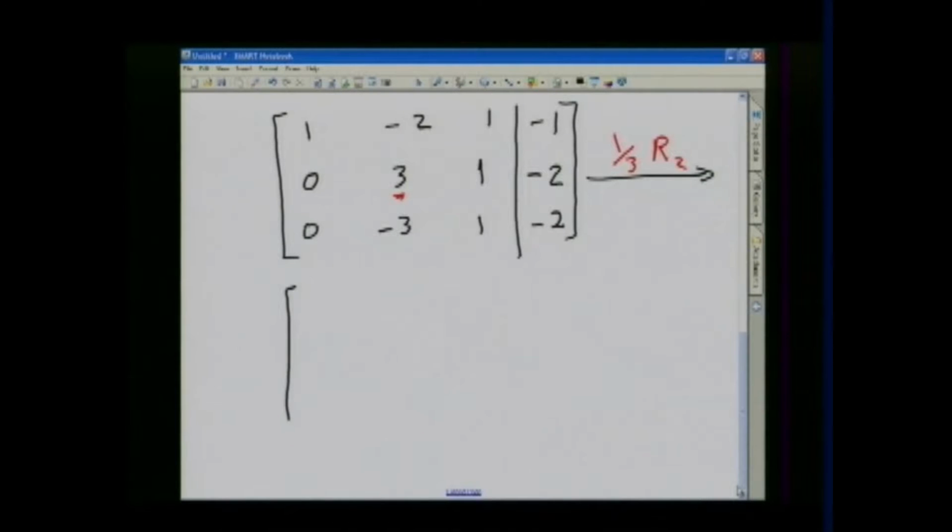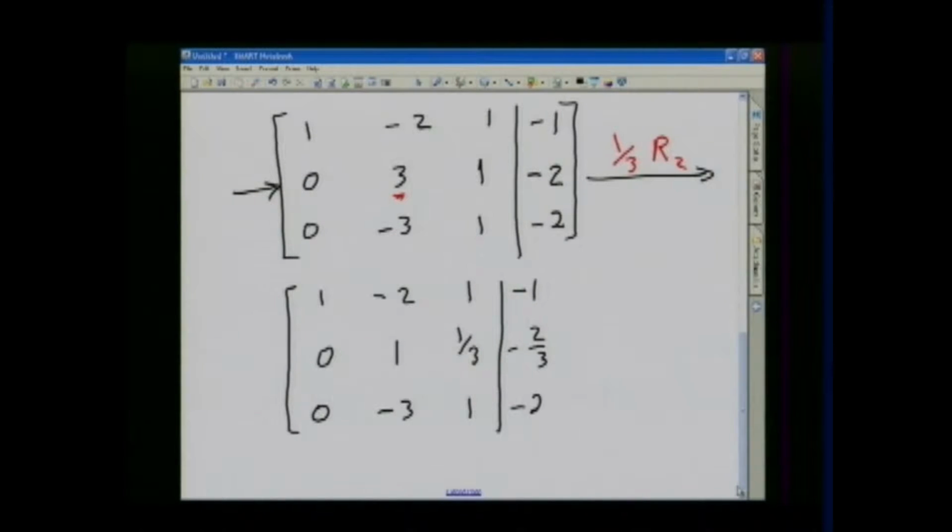The first row, I write it the way it is, 1, minus 2, 1, minus 1. Now everything in the second row is going to be multiplied by 1/3. So I get 0, 1, 1/3, minus 2/3, and 0, minus 3, 1, minus 2.